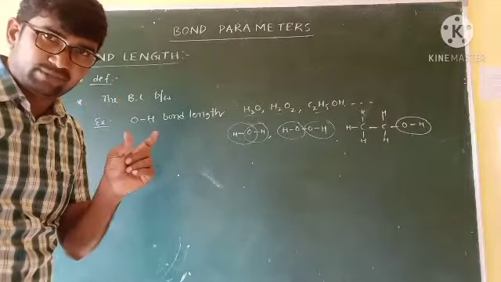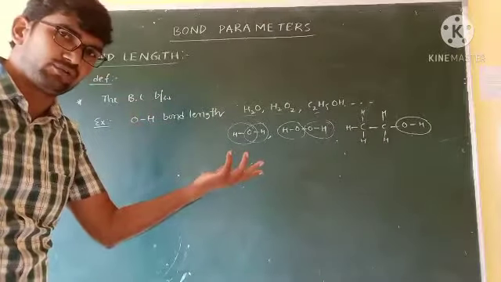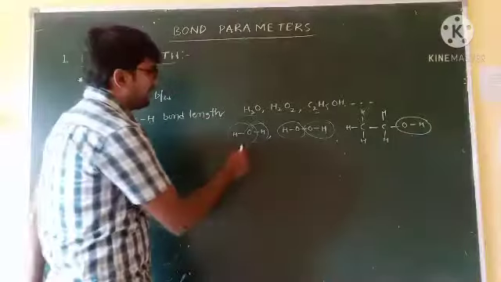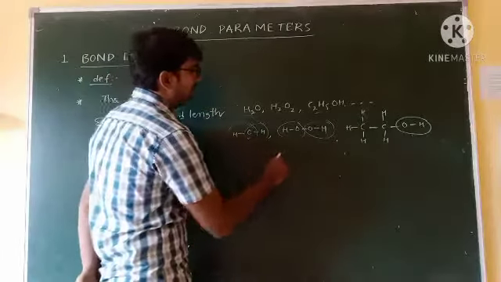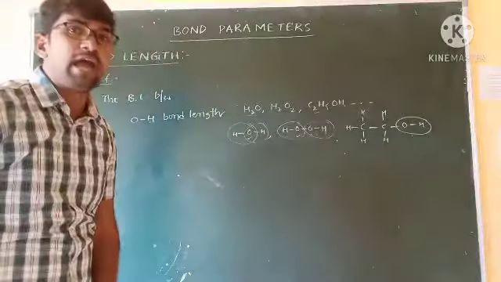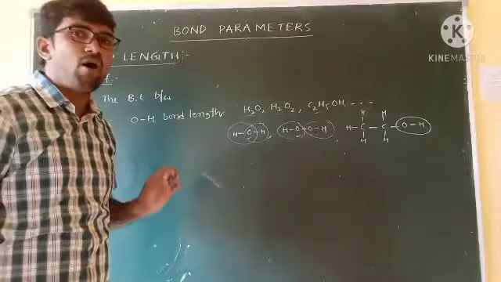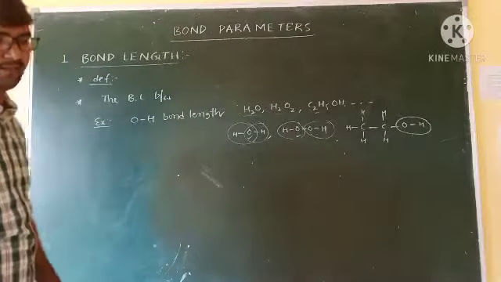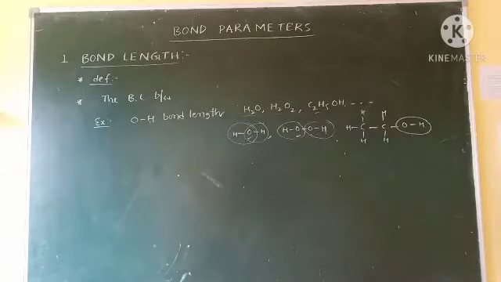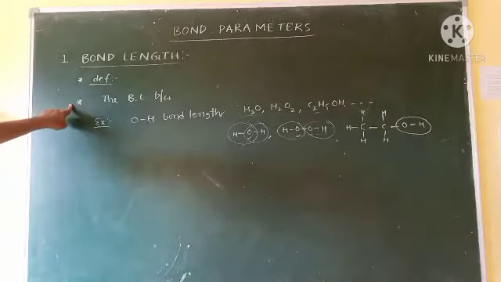The bond length between two atoms is the same in different molecules. But the condition is that every atom shows the same hybridization. There is no change in the hybridization of that particular oxygen and hydrogen atoms. Okay. The second point is also completed.